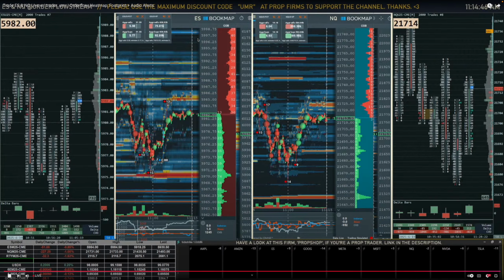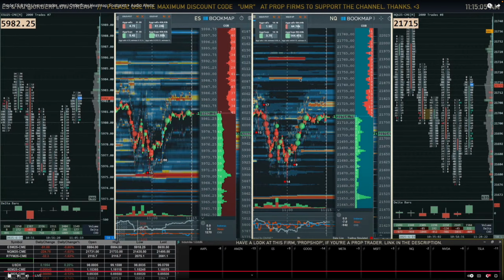ES is S&P 500 futures and Nasdaq is Nasdaq 100 futures. If you look closely, you can see the orders in green and the orders in red. You see these lines on the chart? These are orders that were placed and deleted. This is a place where orders were placed, but they were deleted.